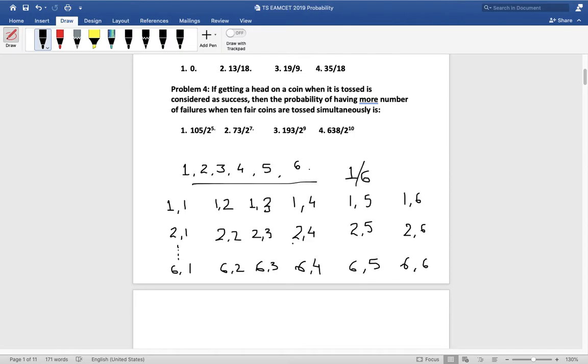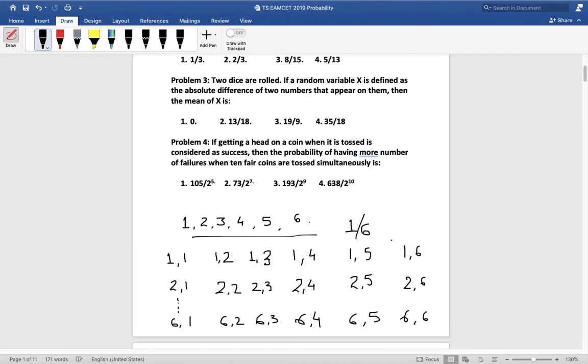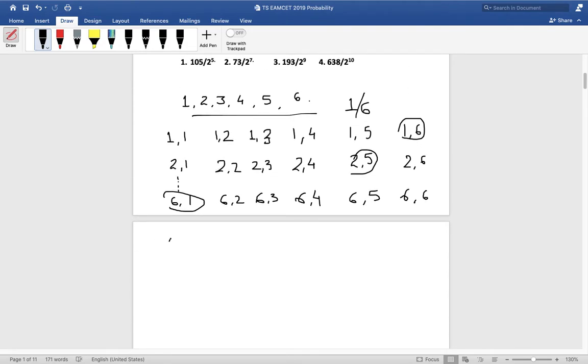So in what cases will the sum be equal to 7? Let me write it down for 7: 1 6, 2 5, 3 4, 4 3, 5 2, 6 1.